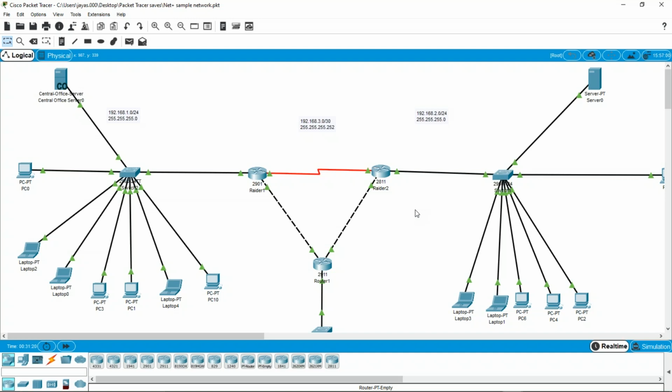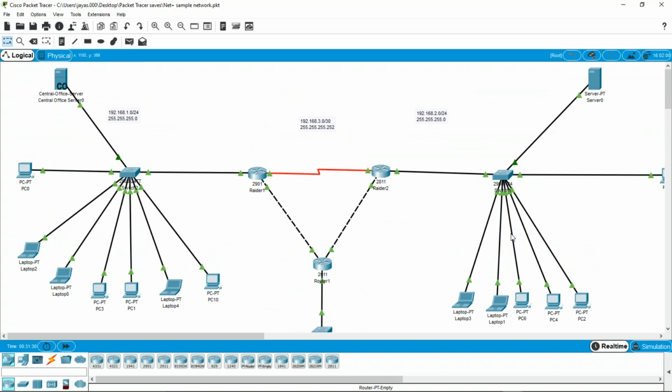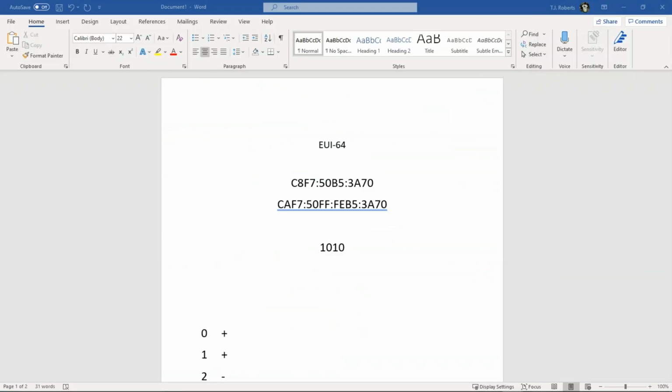What I'm going to do is tell you that there's at least one device in each subnet that shouldn't be working. I went in there and broke it. Maybe it fixed itself. Hold on, let me double check, make sure it didn't fix itself.